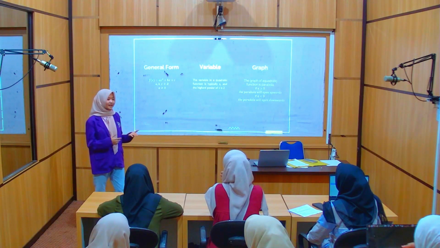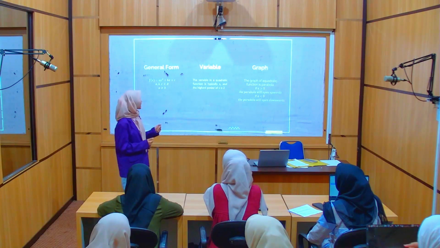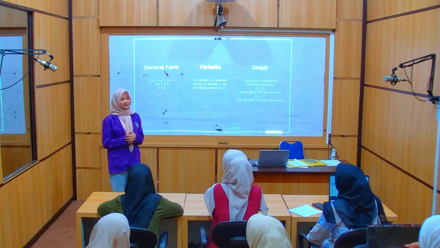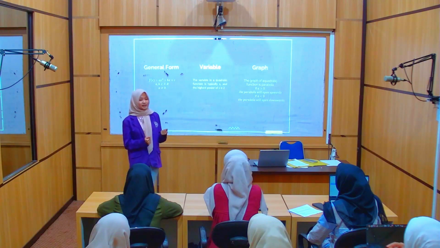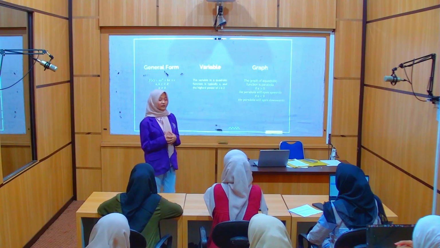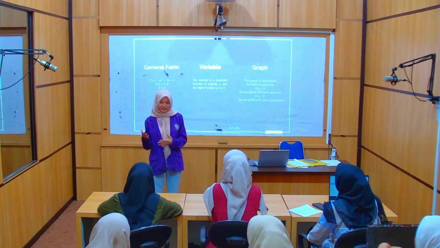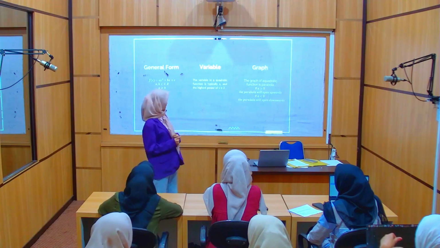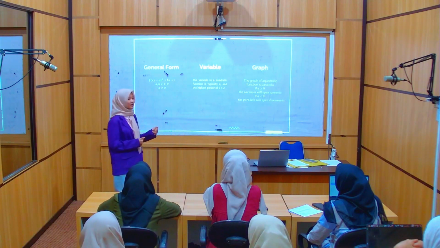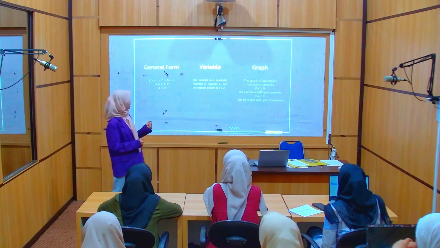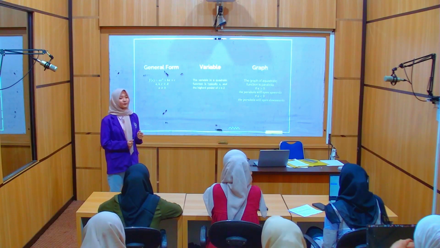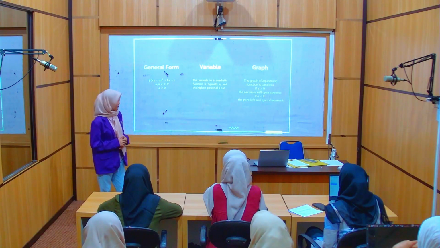Okay, and what about its graph? The graph of a quadratic function is called a parabola. Have you seen this shape before? Perhaps in architecture or even when you throw a ball in the air? Yes, we have, Miss. Okay, and if the value of a is greater than 0, the parabola will open upwards like a U-shape.